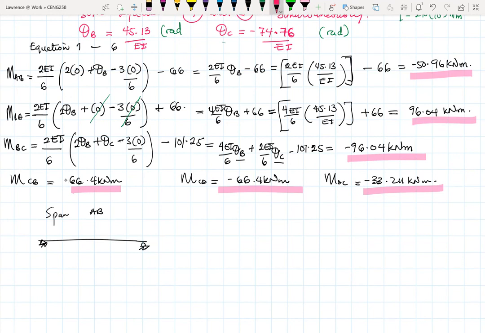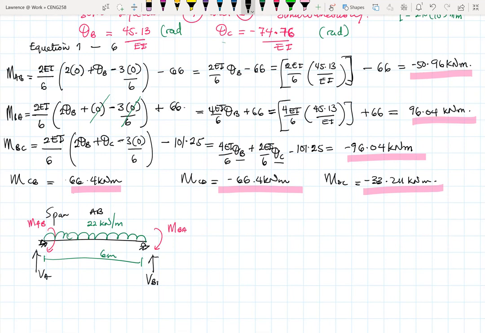We can then easily find VA. We've got this span AB. So to do that, summation of moments at B: MAB minus 22 times 6 times 6 over 2 equals 0.